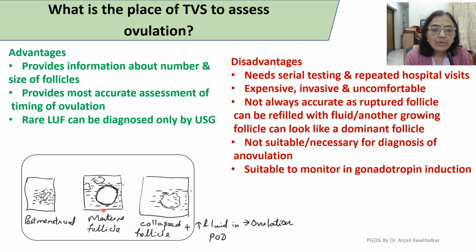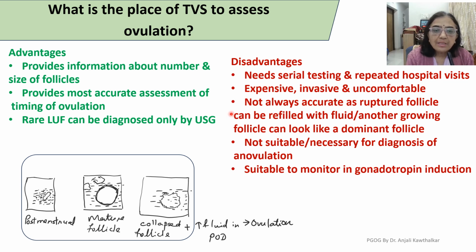Even if this follicle has ruptured, by this time another follicle is increasing in size. Next day you do sonography and what you see is that other follicle, and you say that ovulation has not taken place. That is also a likely scenario, and that is the reason why it is not always giving us a 100% diagnosis of ovulation.